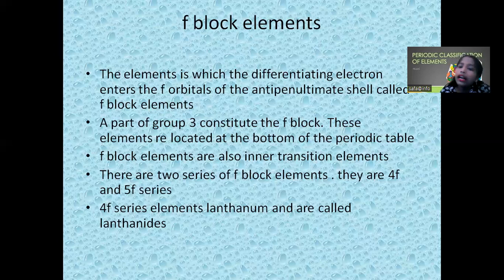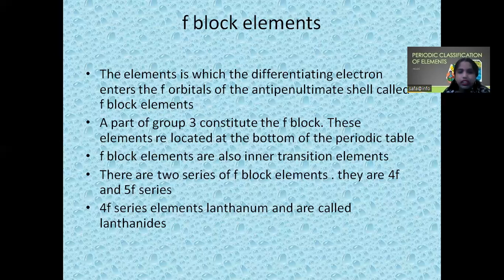D block elements are the elements in which the last electron enters the d orbital of the penultimate shell. F block elements are the elements in which the last electron enters the f orbitals of the antipenultimate shell. S and P: outermost shell; D: penultimate shell; F: antipenultimate shell.